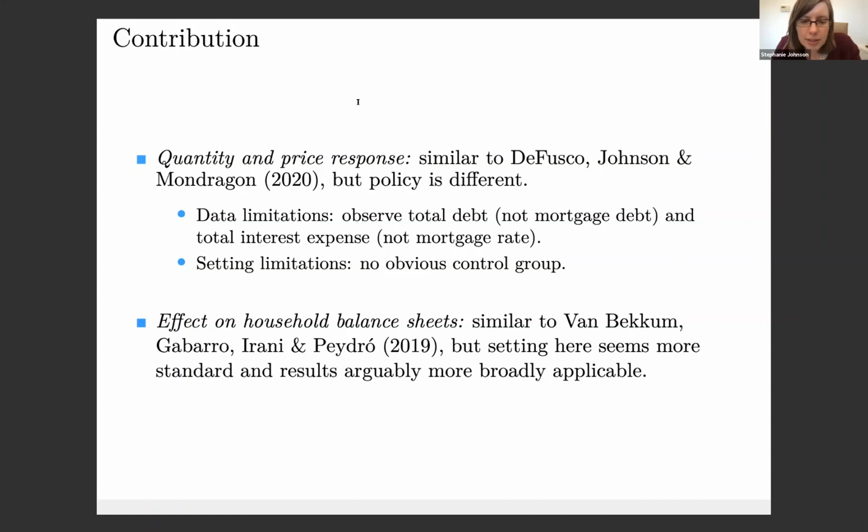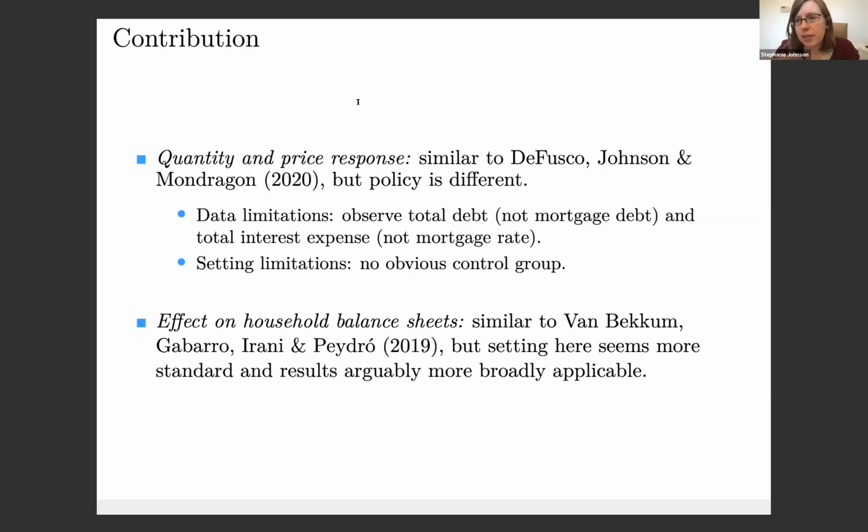In terms of the effect on household balance sheets, there is another similar paper that looks at an LTV policy in the Netherlands. The contribution here, I think, is that the setting is a little bit more standard. In the Dutch paper, my impression is that a lot of high wealth, high income households had high LTV ratios for tax reasons.